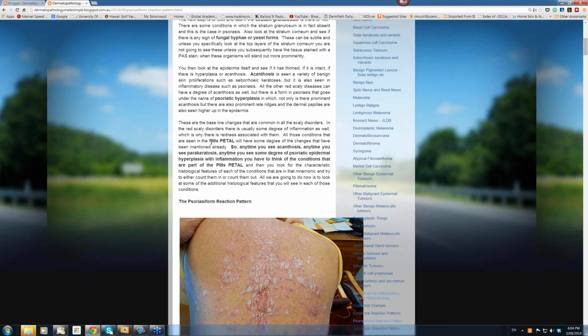P at the beginning: pityriasis rosea, pityriasis versicolor, pityriasis rubra pilaris, pityriasis lichenoides. The M is for mycosis fungoides. The S is for solar damage, because a lot of solar damage can be red and scaly. But S can also stand for scabies, because some scabetic lesions can be very scaly as well, particularly the crusted scabies.